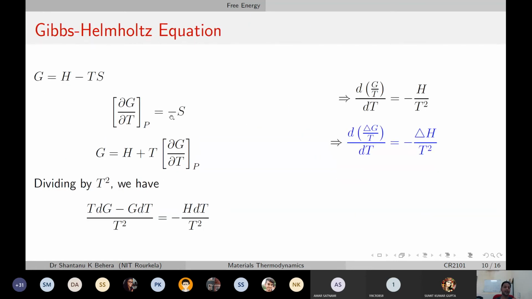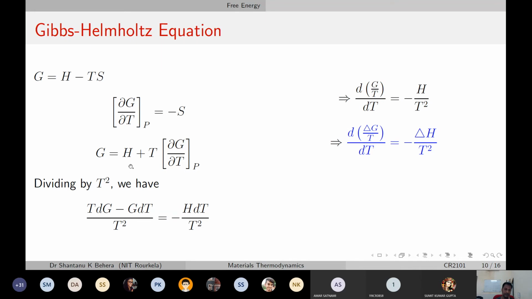Now here, if this is minus S, we replace minus S with this term, and we end up with G is H plus T times partial G by T at constant pressure.